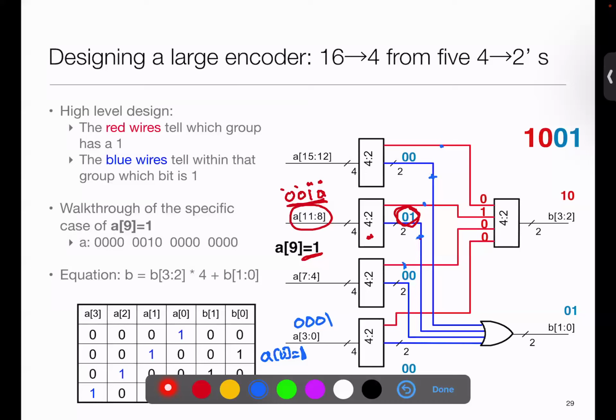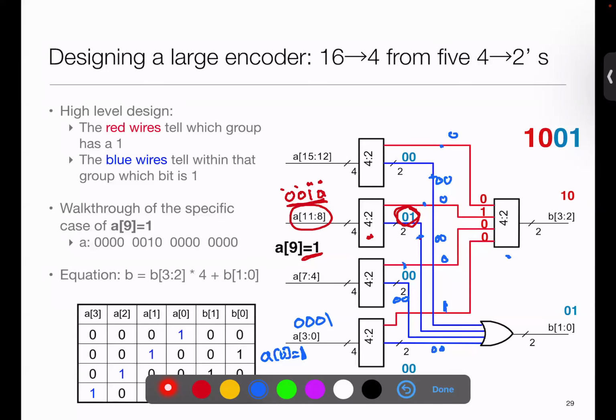We'll have 0 here, 0, 0 here, 0 here, 0, 0 here, 0 here, and 0, 0 here. But this one will be 1, and this one will be 0, 0, 0. So now the decoder would see 0, 0, 0, 1. Hang on a second, am I messing things up?